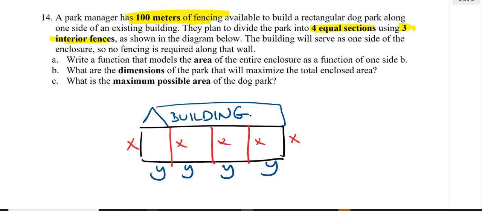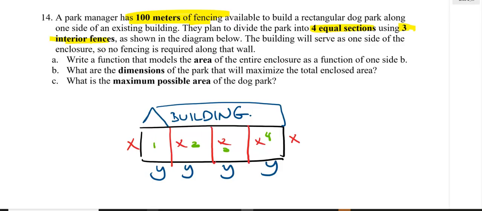Each one of them will create a division, a section for a dog park. So we have 1, 2, 3, 4 sections, right? What we know is only the fencing.